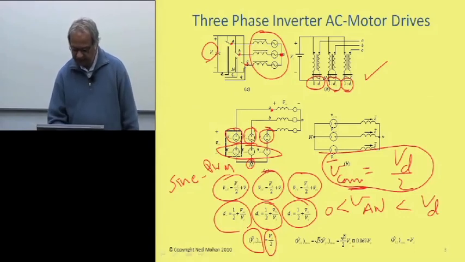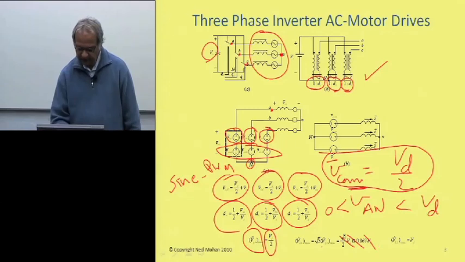It didn't come through here very well, but the line to line, forget about this here. The line to line voltage maximum will turn out to be square root of 3 times this value, which is Vd over 2 here, which is given by this expression here.